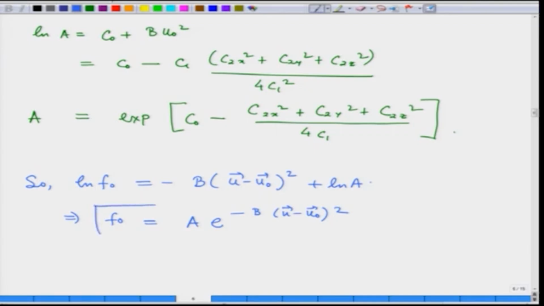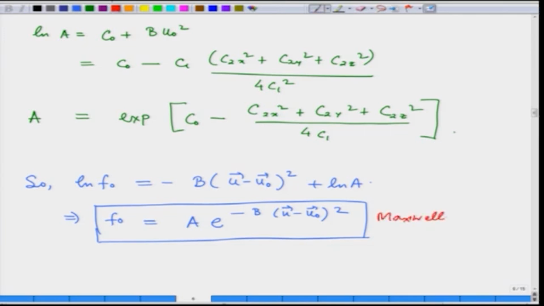And that you can easily recognize, this is the famous Maxwellian distribution. Okay. So, finally, we could show that f0 has this form.